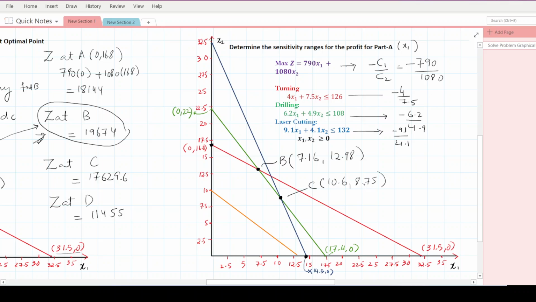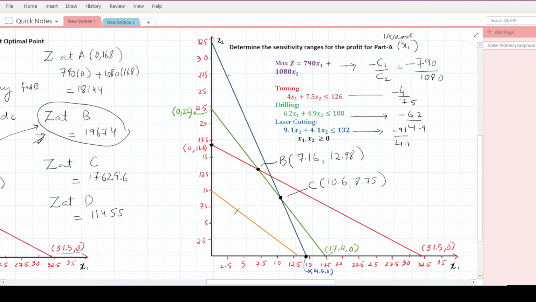Now when we are trying to find the sensitivity range of part A or the x1, we know, and we discussed in our previous videos as well, that when we increase x1, then the objective function line, that I have plotted here in the orange color, its slope becomes steeper, and the maximum steepness that we can achieve is equal to the slope of the steepest constraint.